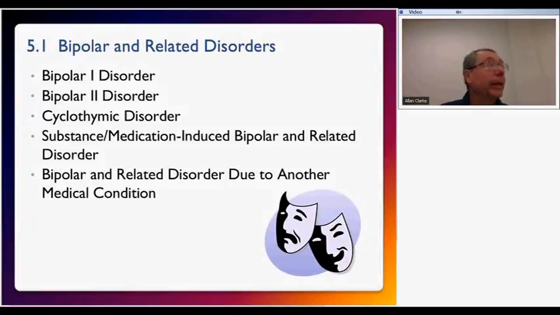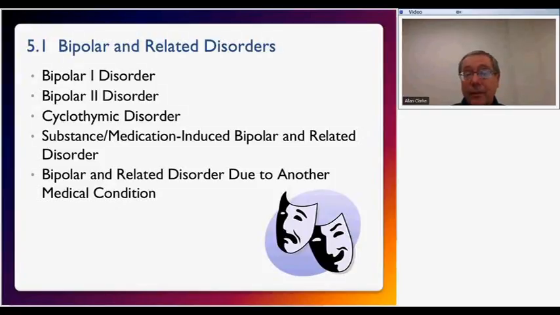Okay, bipolar and related disorders. Again, not a lot of big changes in the categories: bipolar 1, bipolar 2, cyclothymic disorder. I think we're all familiar with that. The issue in the DSM-4, and there was a lot of discussion about this, is there was a feeling that bipolar disorder was being overdiagnosed.